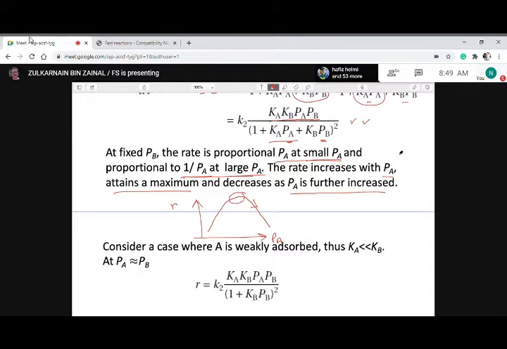Based on this, you can explain from the equation given, taking into account that we do it at fixed PB. We can fix the partial pressure of B, and then just monitor what happens to the rate as we change the partial pressure of A.